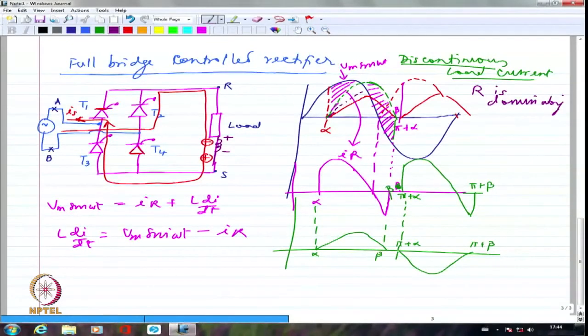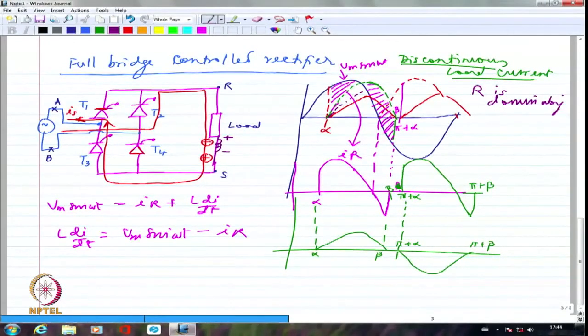So obviously I am going to get much more energy stored in the inductance. The lesser the resistance, the more energy stored in the inductance, clearly. So if much more energy is stored in the inductance, why would the current end here? The current can definitely sustain itself for longer, right?